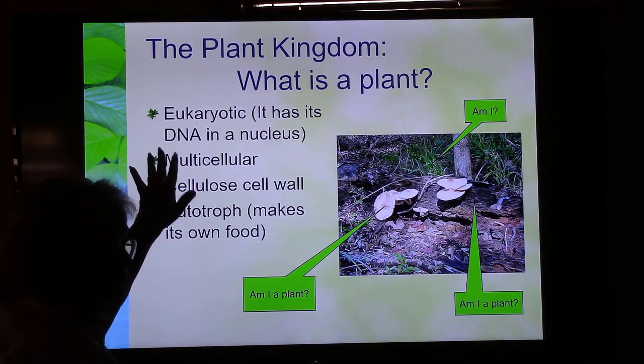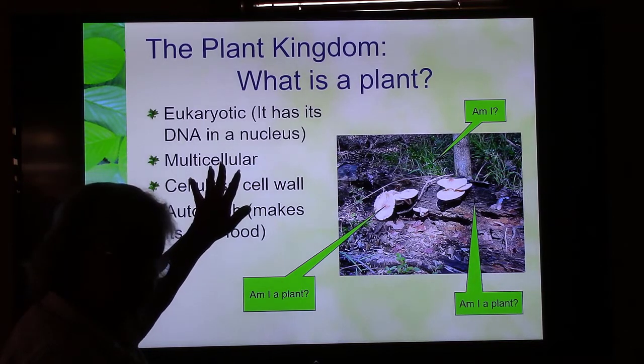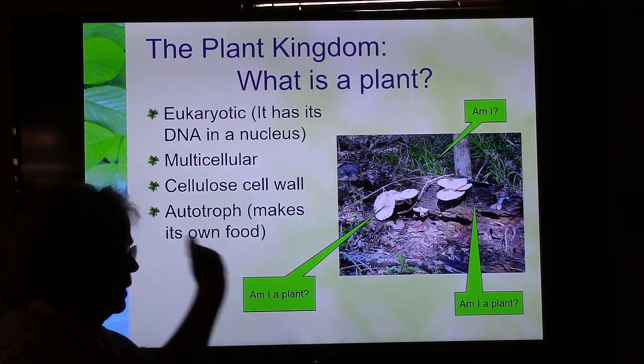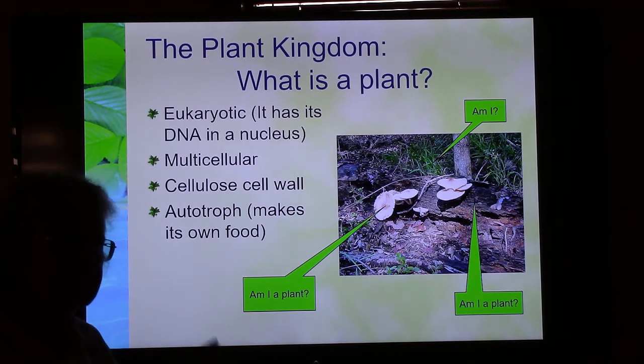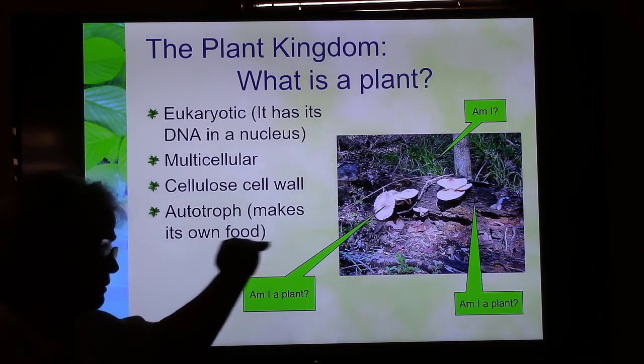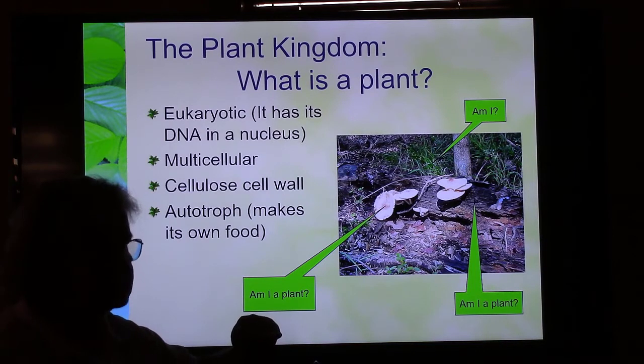But, of course, plant is still one of them. So, as a master gardener, you ought to be able to recognize a plant. How is it that you know that something is a plant? There's actually a list of, if it's this, this, this, and this, it's a plant.